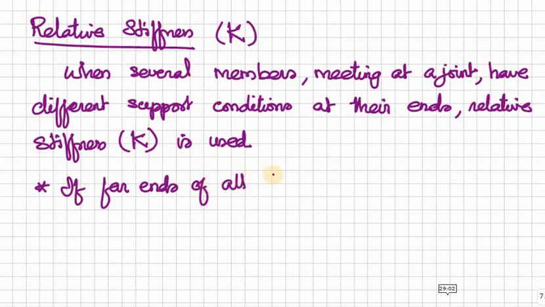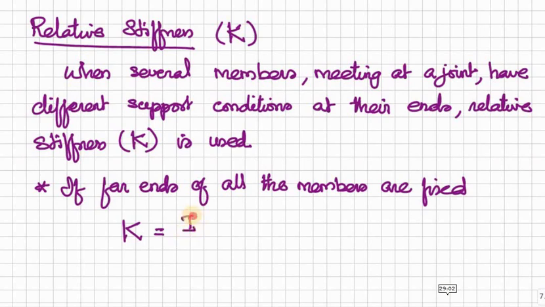Therefore, we can cancel the common term such as 4E, if all the members are of the same material, usually. So capital K is equal to I by L. Only the most varying parameters remain: the moment of inertia, based on cross section, and the length of the member.